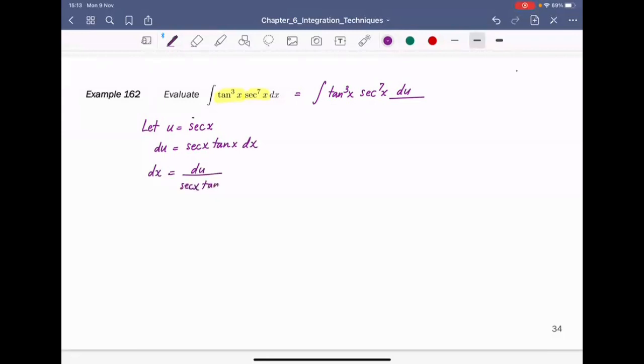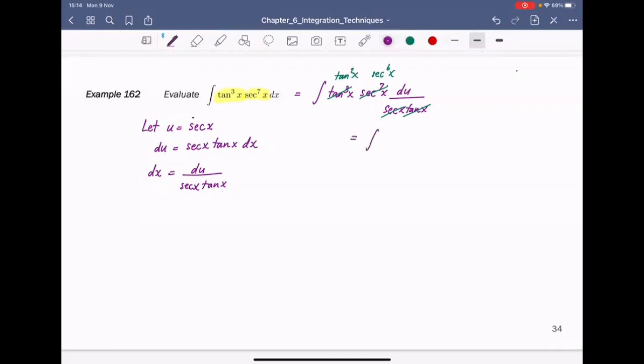That means 1 factor of tangent and 1 factor of secant are going to cancel out, which makes us happy because I can cancel that 1 tangent and that 1 secant. Looks good to me because at the end I have all even powers, which is good.